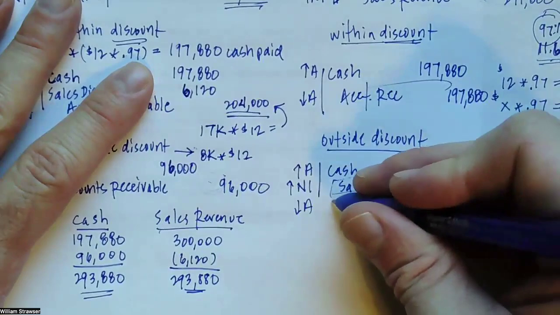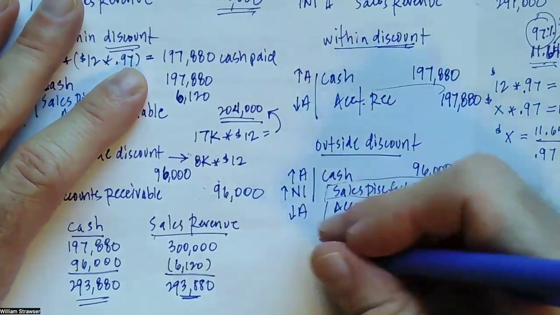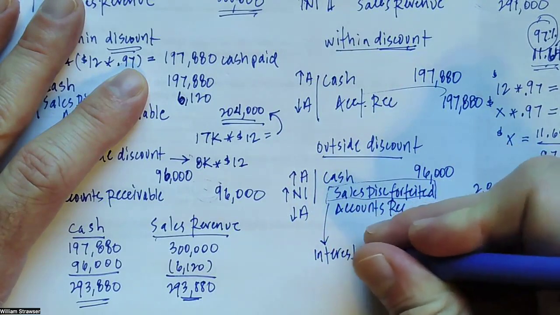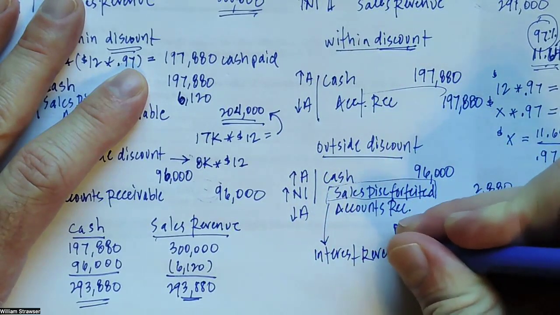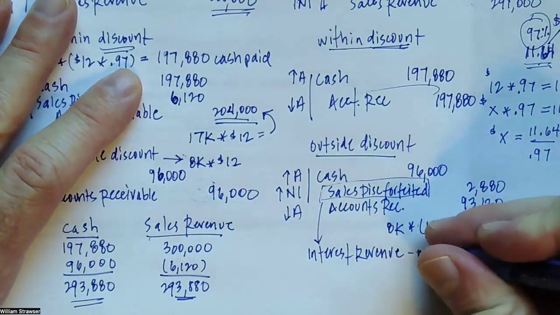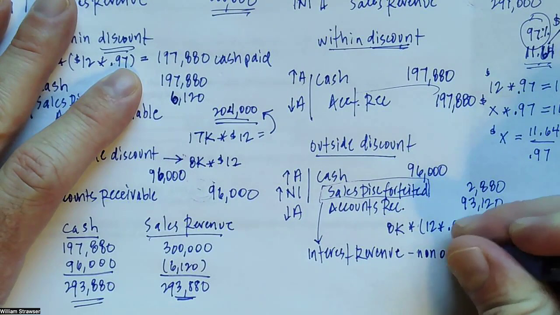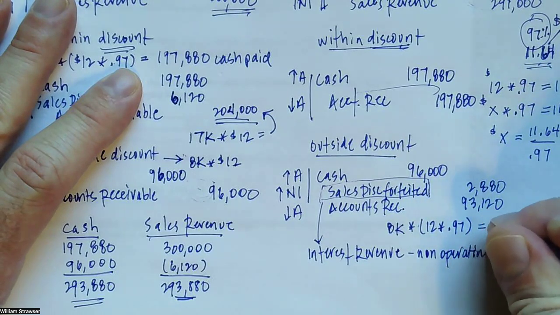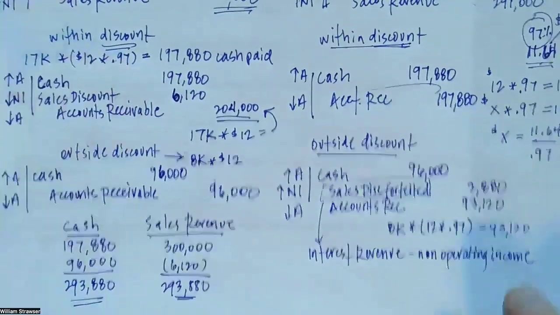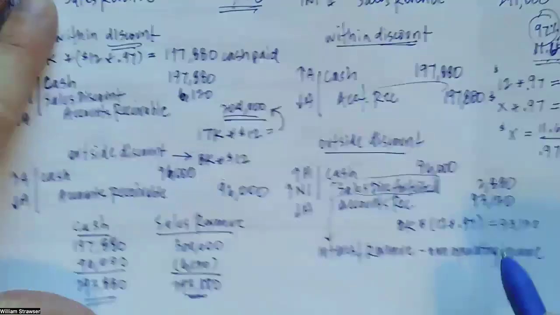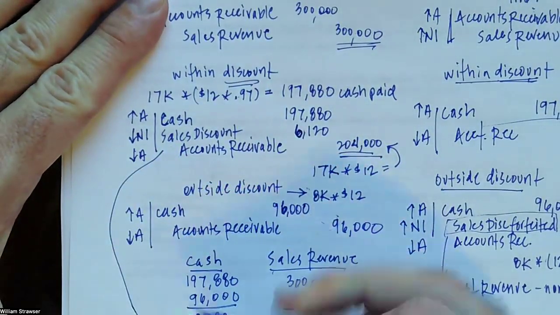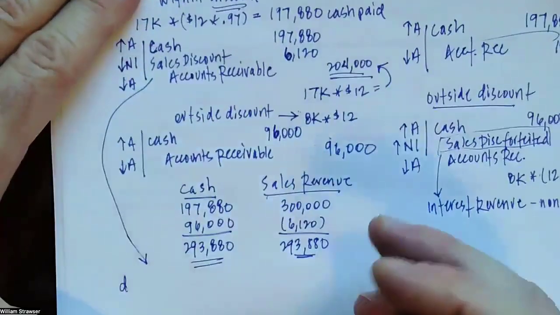So sometimes in some companies, it'll actually be called interest revenue, which really highlights its function as non-operating income. On the income statement, sales discounts, we deduct them.